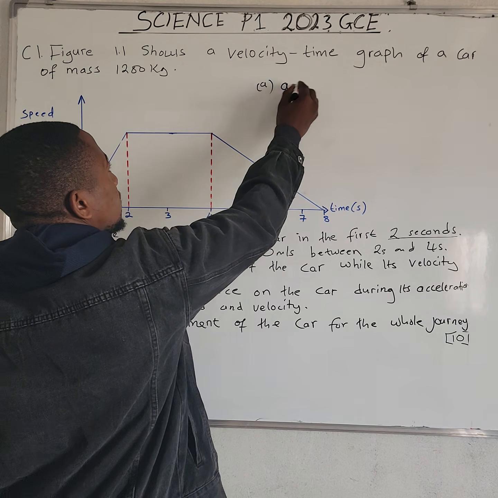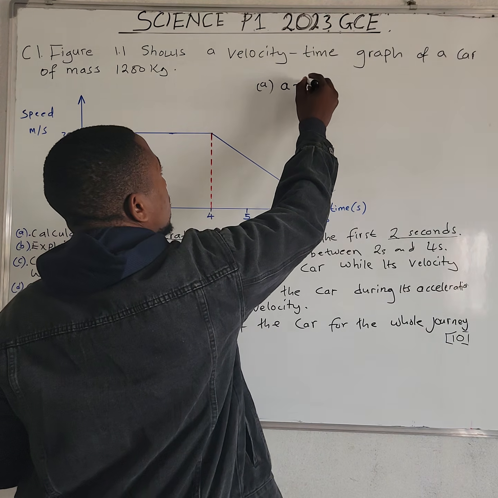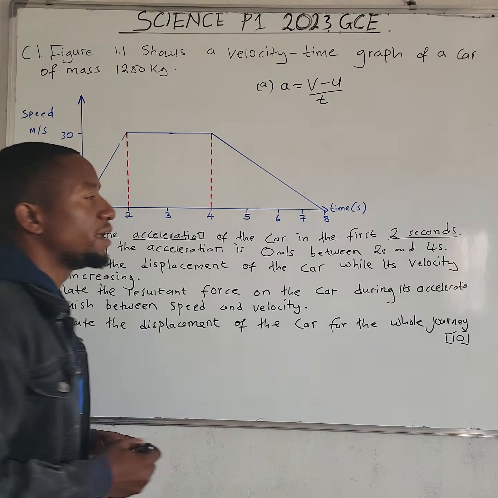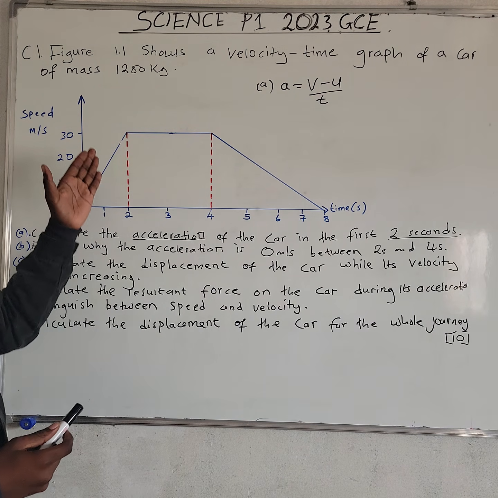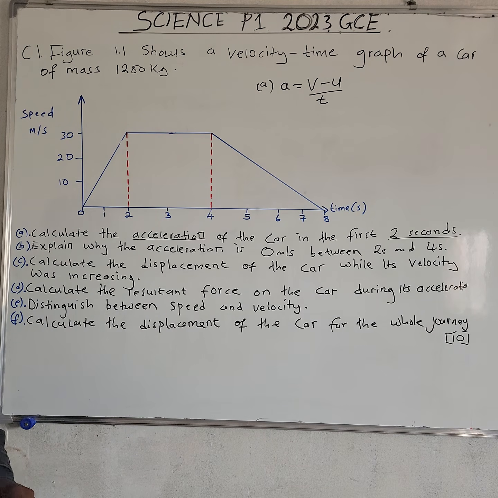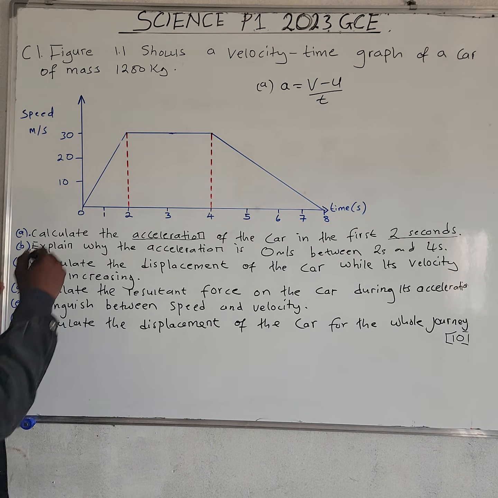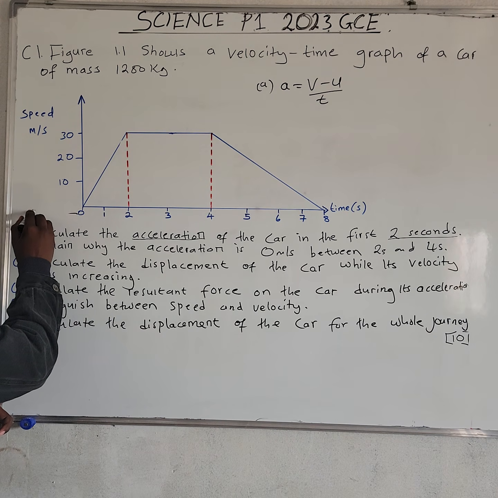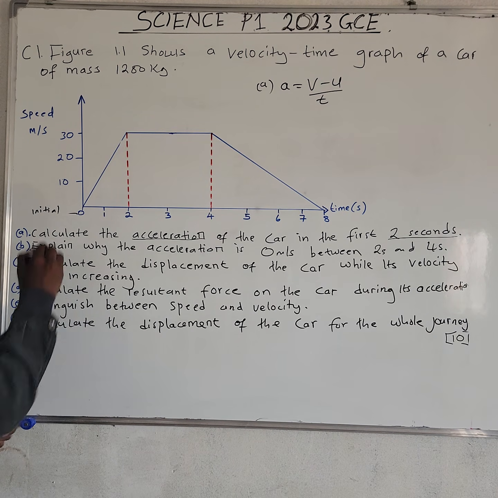We are going to say acceleration is equal to final velocity minus initial velocity over time. When you look at this velocity-time graph, this car started from rest. So this is the initial velocity.